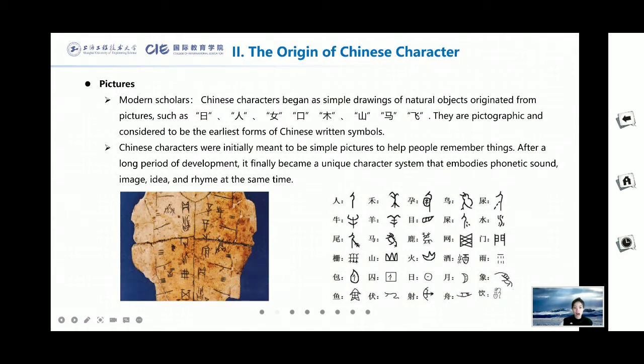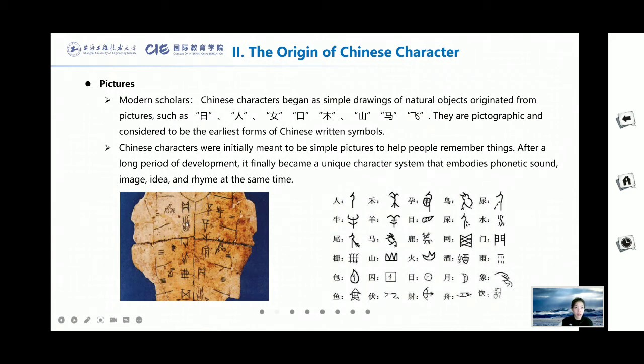They are pictographic and considered to be the earliest form of Chinese written symbols. The Chinese characters were initially meant to be simple pictures to help people remember things. You can see this picture.